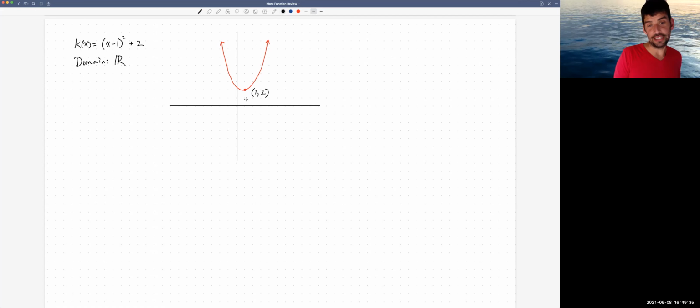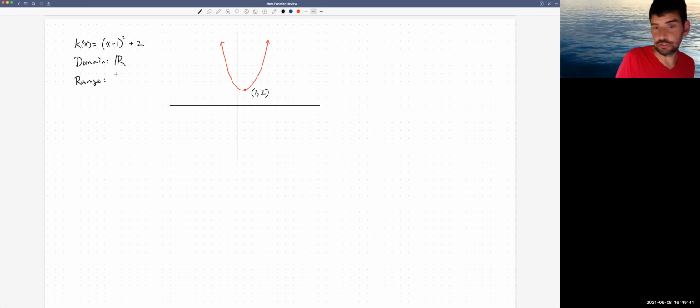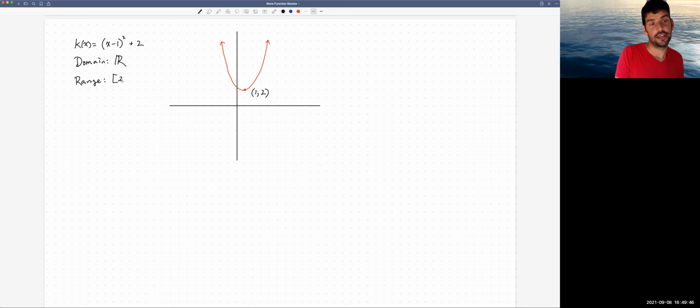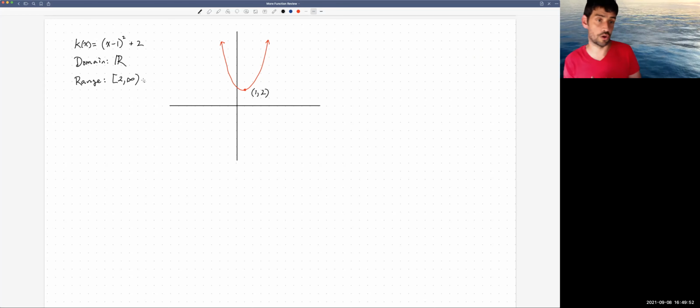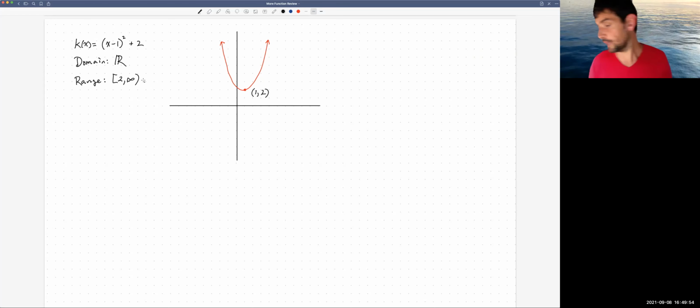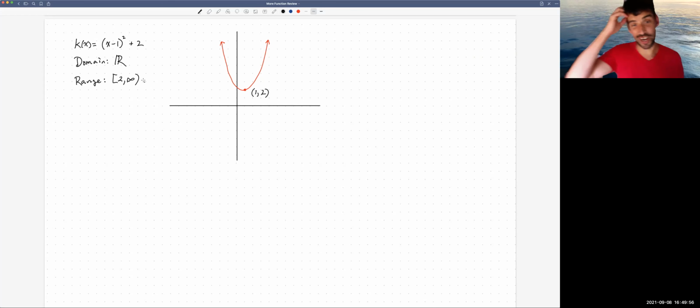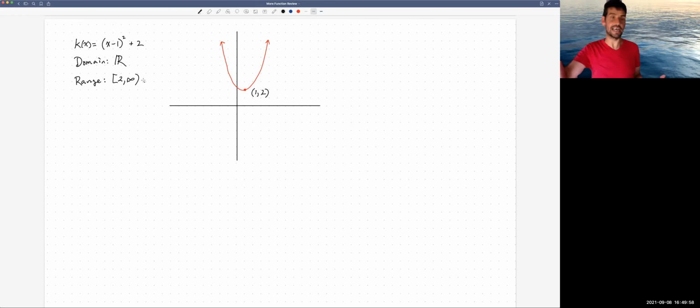But there's nothing I can do to get below 2. So the range here, let's use interval notation. The range here is going to be outputs 2 and greater, right? Because you can see on this picture, there's nothing below that value there, right?